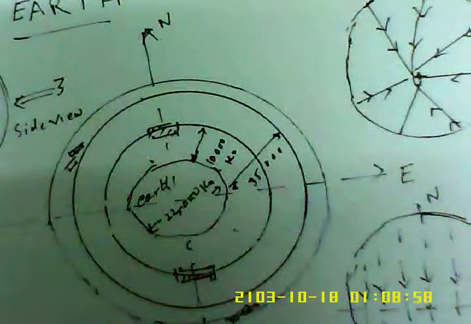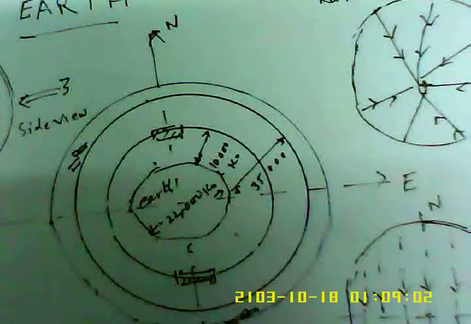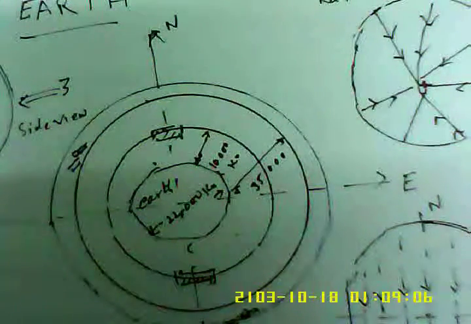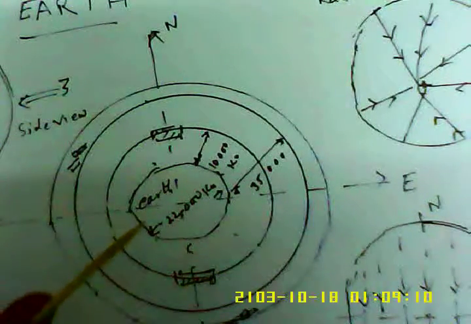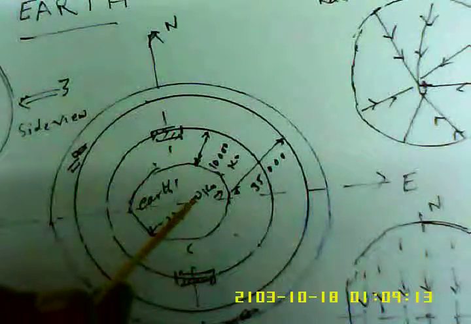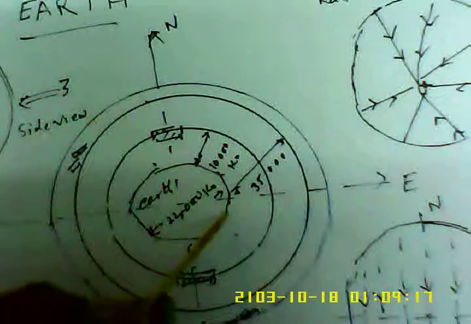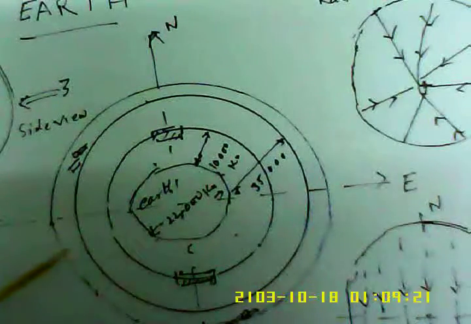I am preparing this in a simple manner. So what is Earth? I have shown the Earth in different positions. This is the Earth on which we are sitting or standing, the outside periphery, and the interior of the Earth.